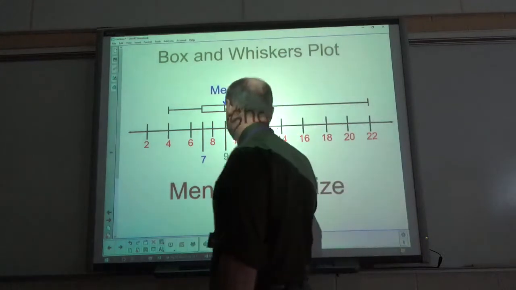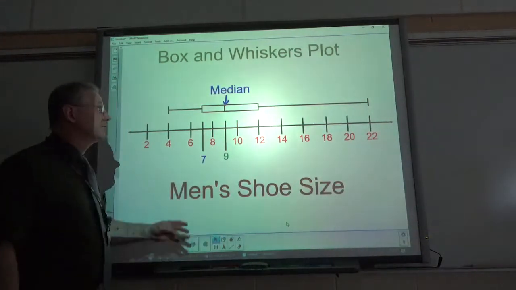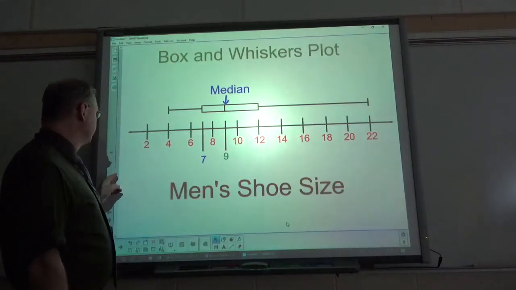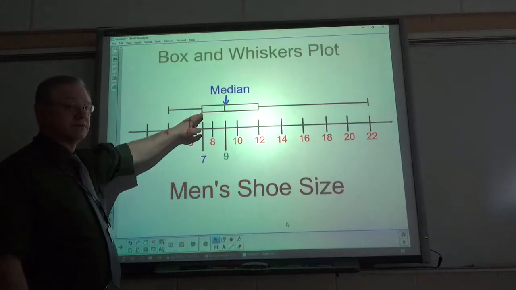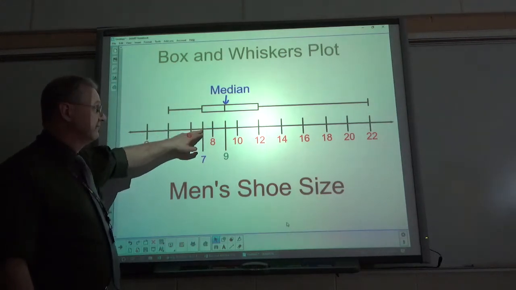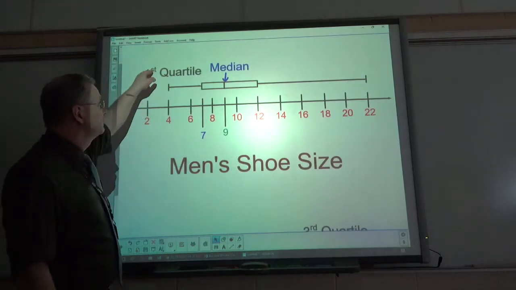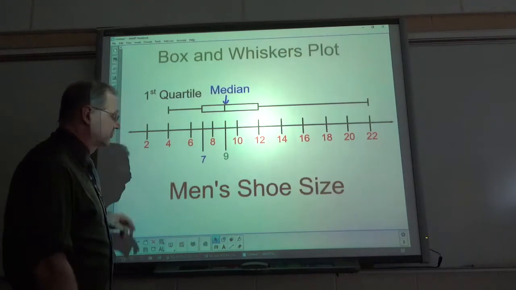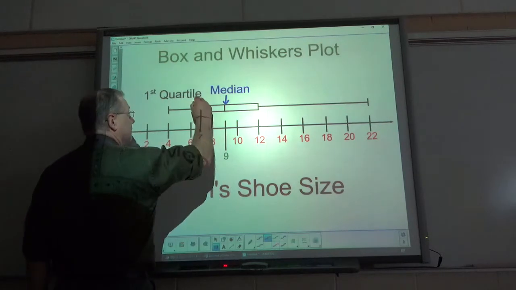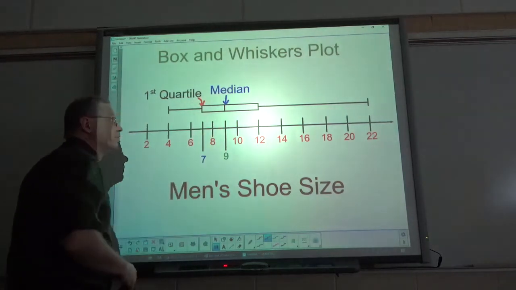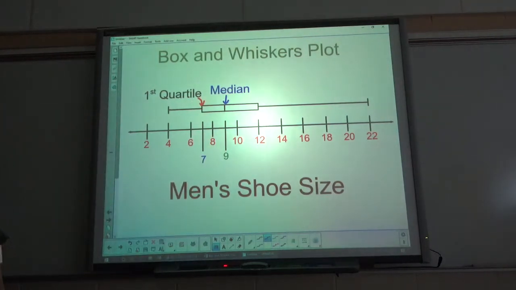Then you have something called the lower quartile, which is over the 7 in this case. It's also referred to as the first quartile. Lower or first quartile.